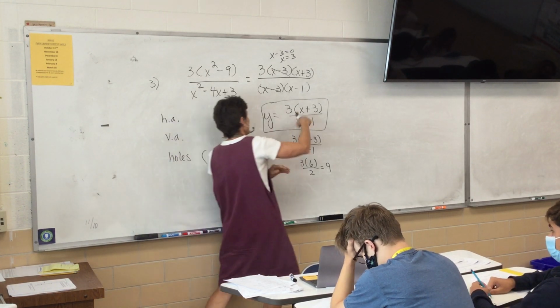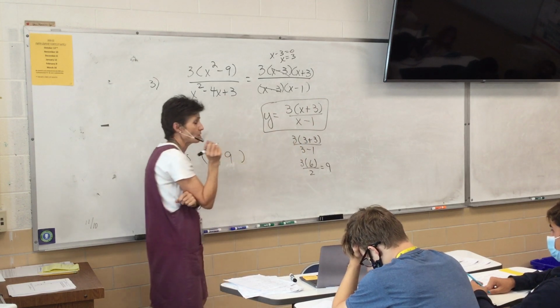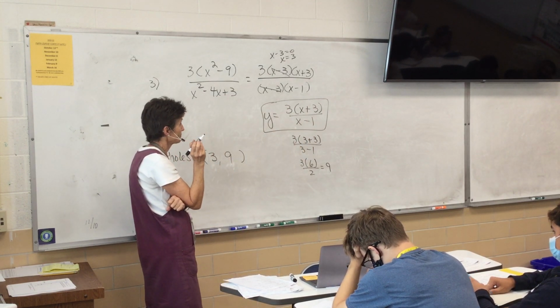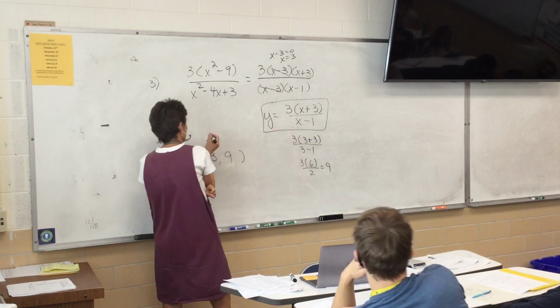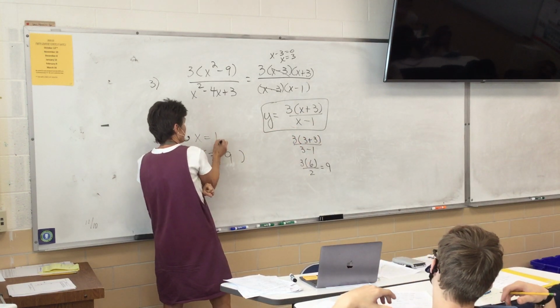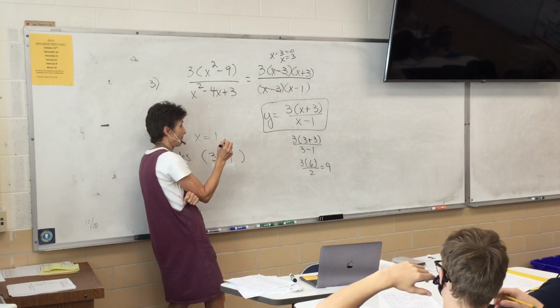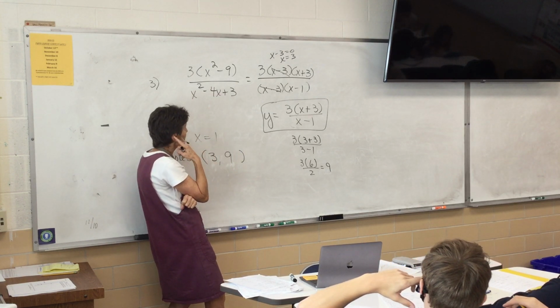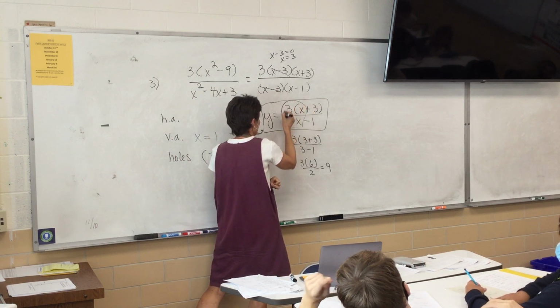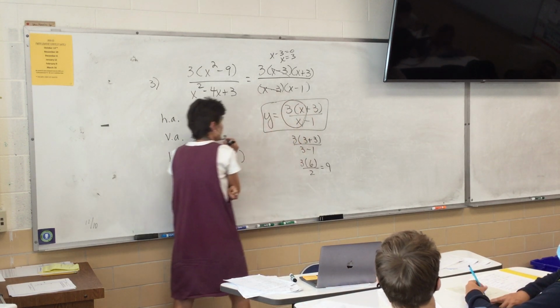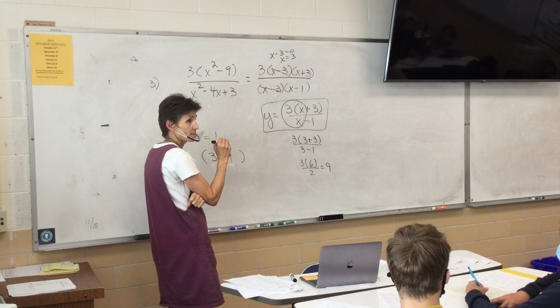Now, let's look at this right here. Does it have any asymptotes? Does it have a vertical asymptote? x equals 1. Now, in the factored form, get a little creative here. When I box them in, don't I have 3x over x?